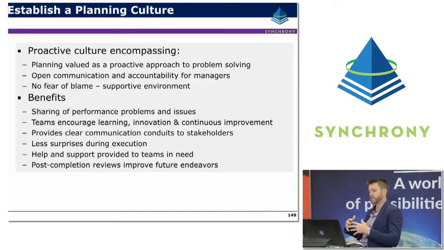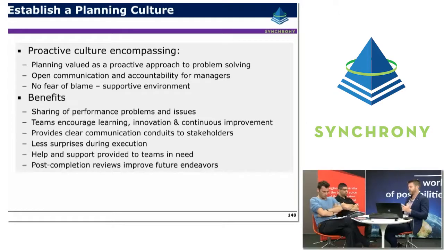Those softer skills approaches help to get greater acceptance and adoption of earned value management. That gets on to the next point, which is no fear of blame. It's not about blaming particular people or individuals for performance problems. It's just about helping understand why things are performing in a certain way so that, if needed, different decisions can be made or resources allocated to help.